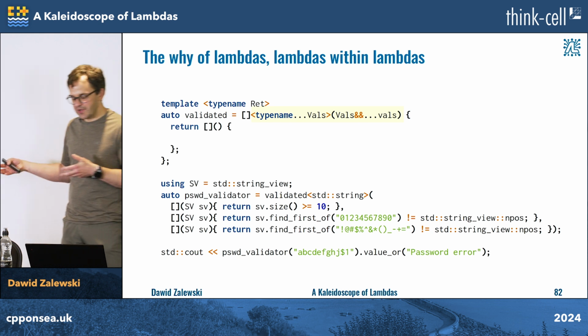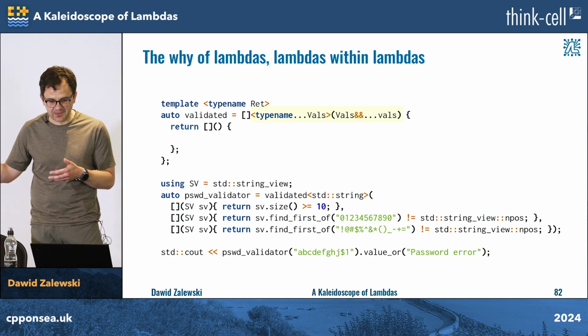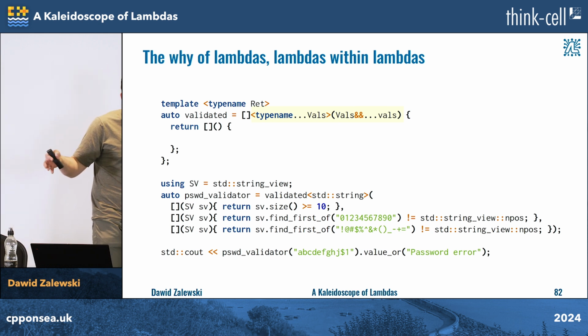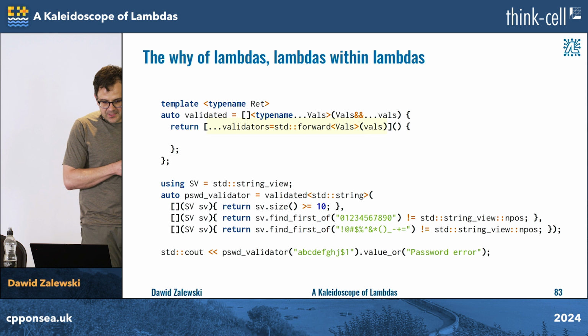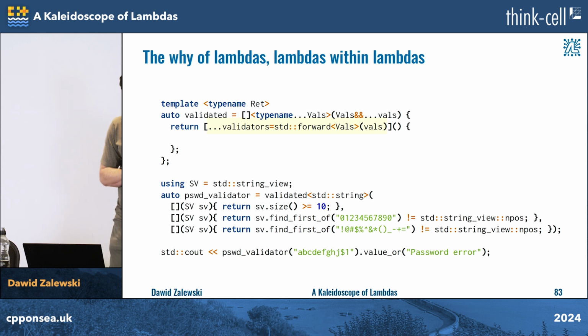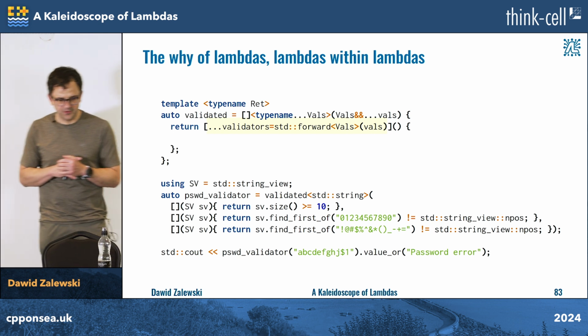So I will have to pass them, and I pass them explicitly as template parameters and then as forwarding reference to the lambda. My inner lambda will do all the work. So my outer lambda is only there basically to expose the public interface, but my inner lambda is the one that does the dirty work.